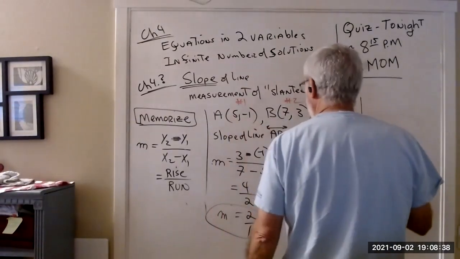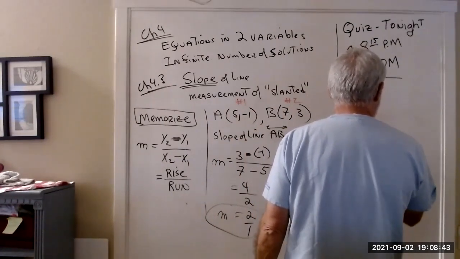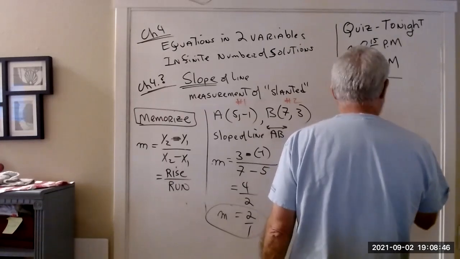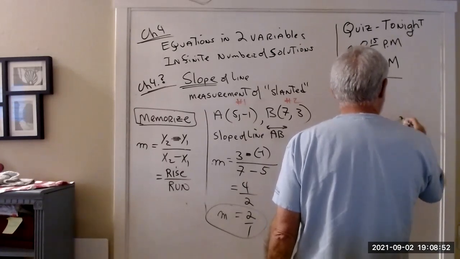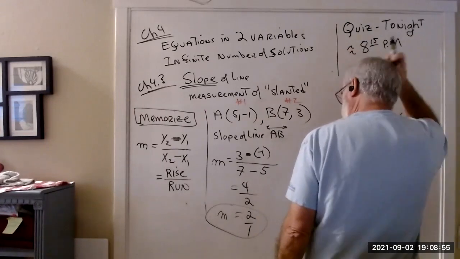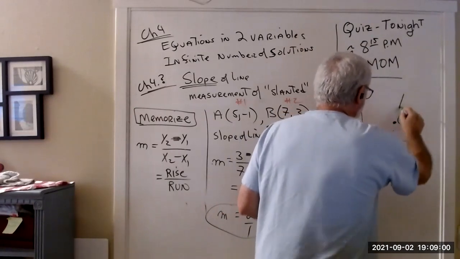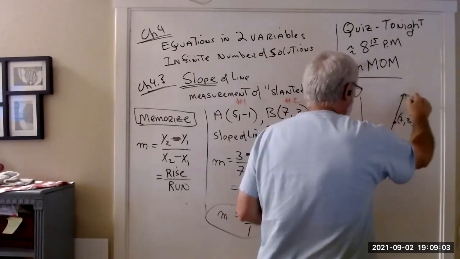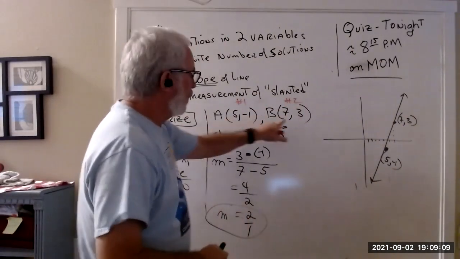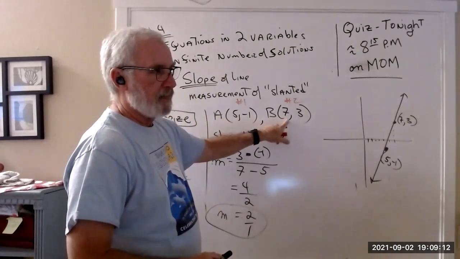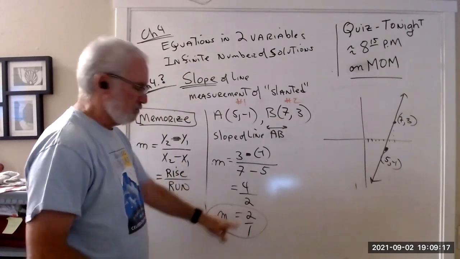So if we go 5, negative 1, somehow here, I'll get out of the way in a minute. What that says is, for this line, okay, there's the line, and those are the 2 points that were on that line. Okay, what we're telling everybody is the slope is 2 over 1, 2, basically.